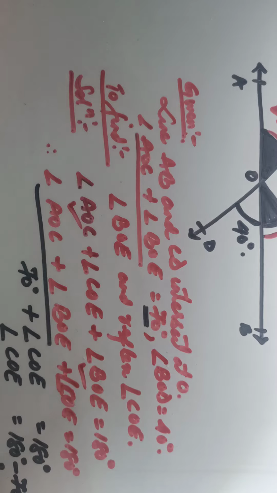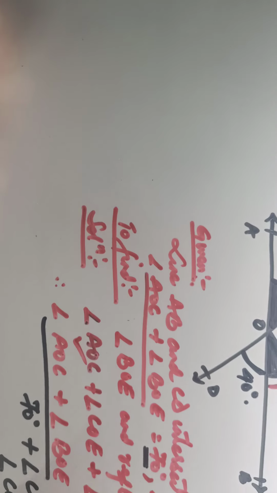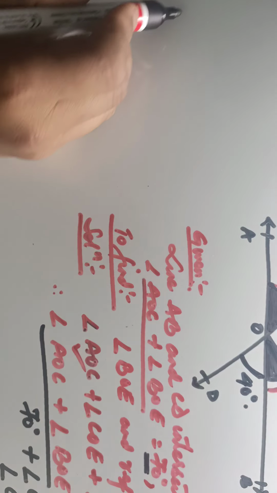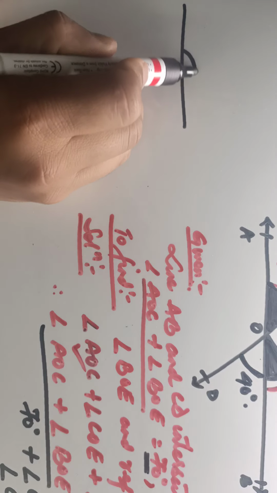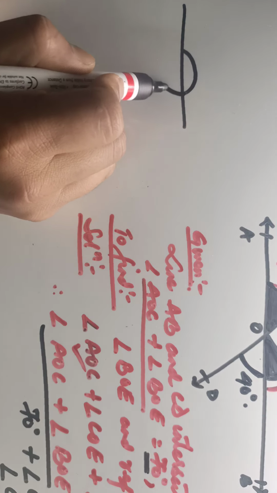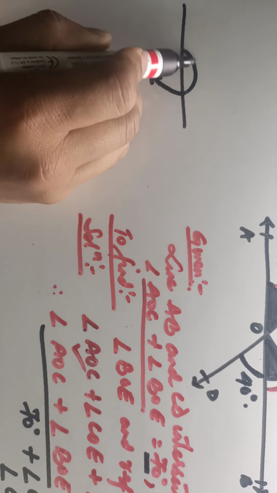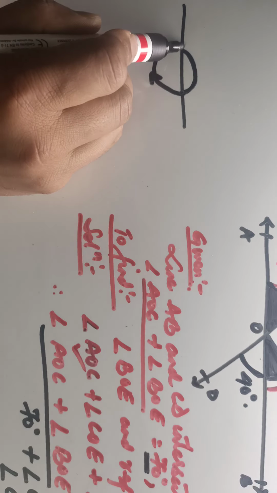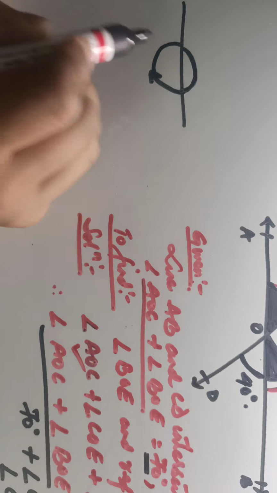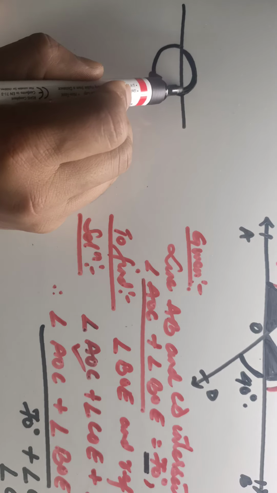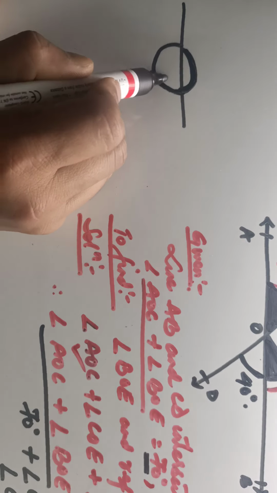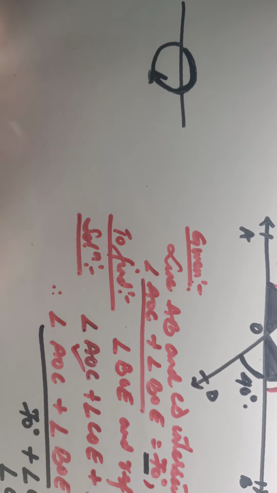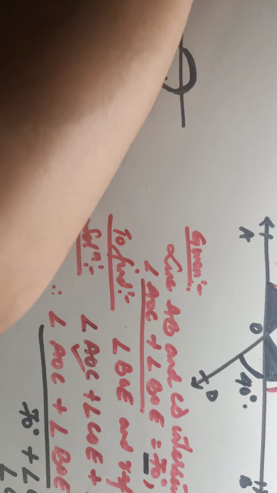If this is 180, then an angle more than 180 but less than 360, and if I complete this it becomes totally 360, is called a reflex angle.